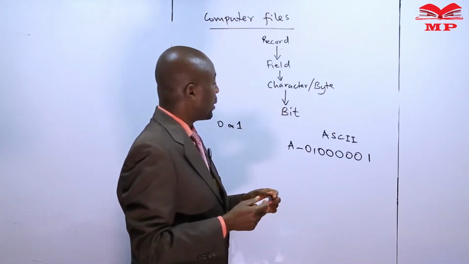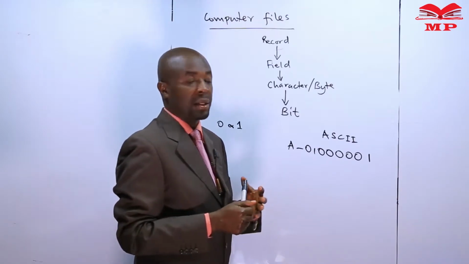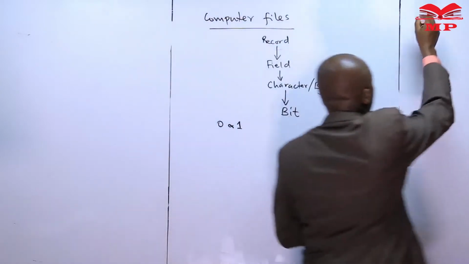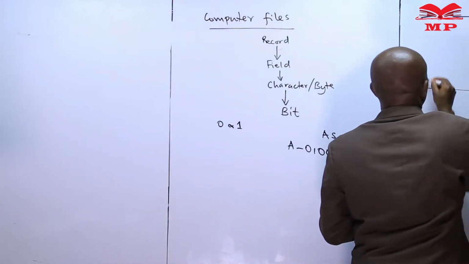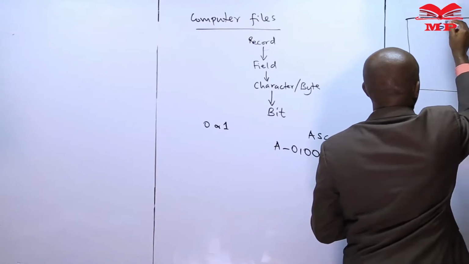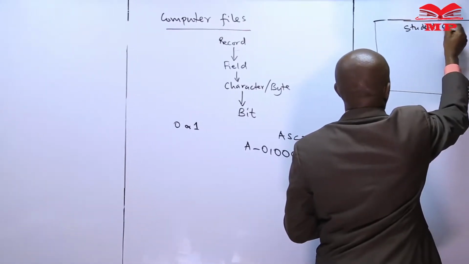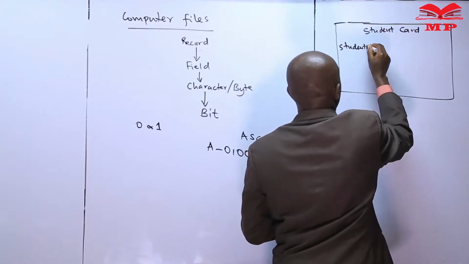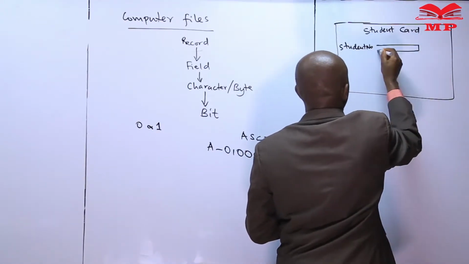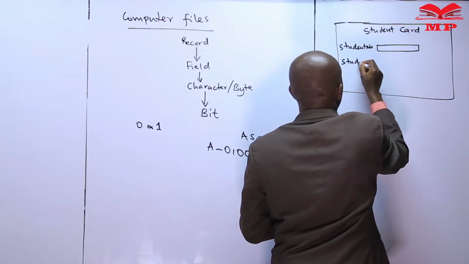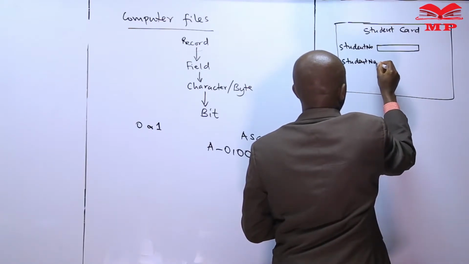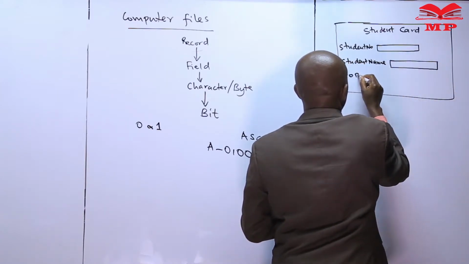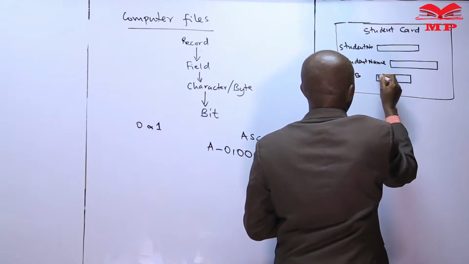Now, a field is a collection of characters. Like in the student's record, we could have a number of fields. If I have this student card record, I will have a number of fields, like the student number, the student name, the date of birth, and the ID.